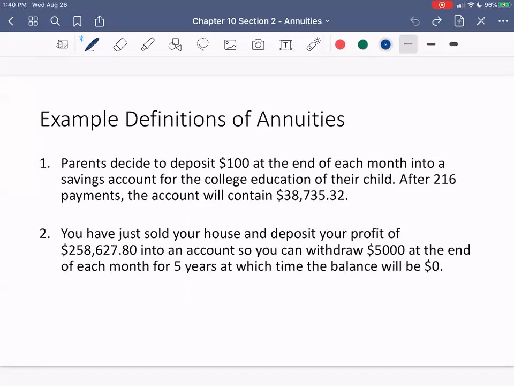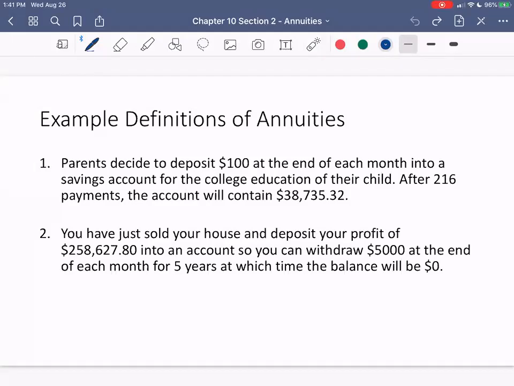The first one says, parents decide to deposit $100 at the end of each month into a savings account for the college education of their child. After 216 payments, the account will contain $38,735.32. So you think about it, this one is like you're putting things into it and you're continuing to build.